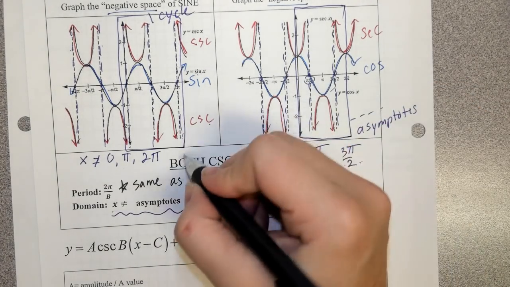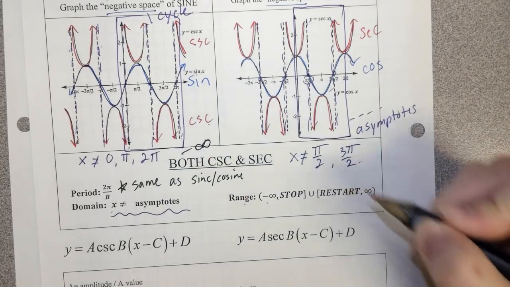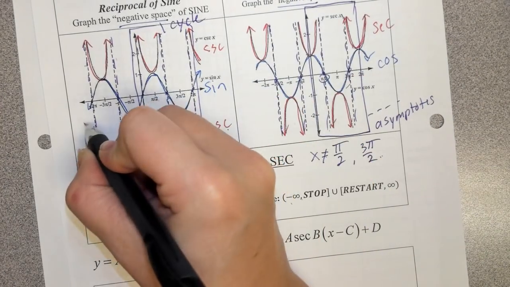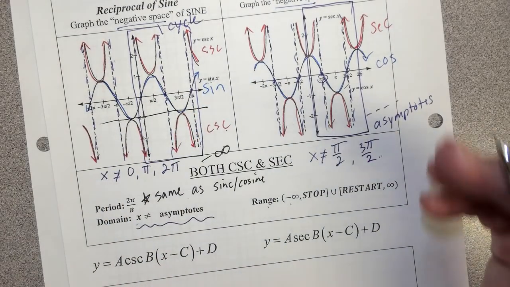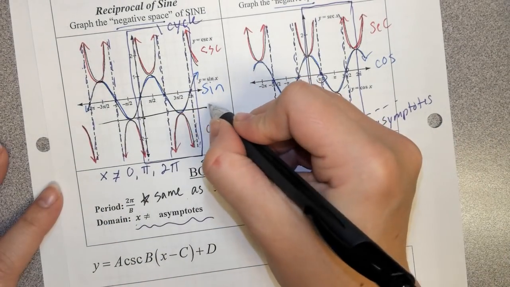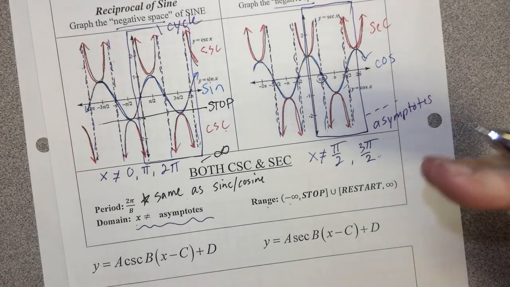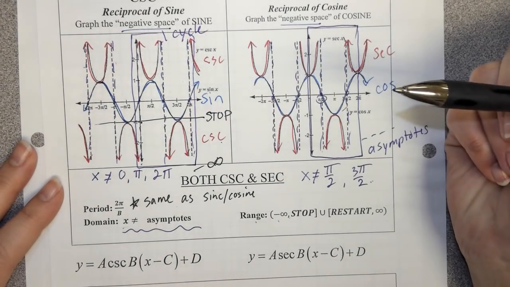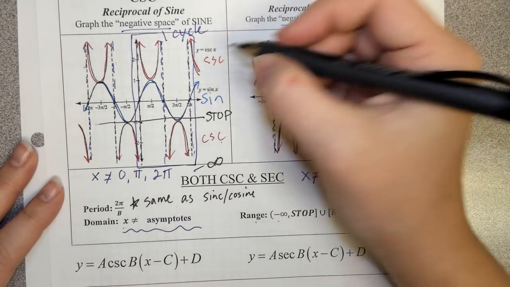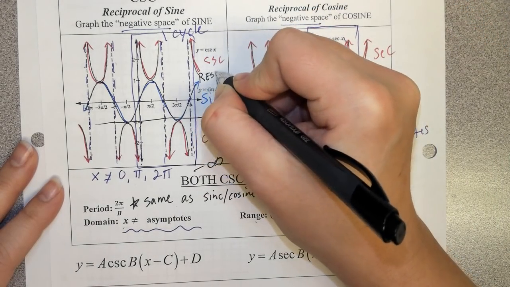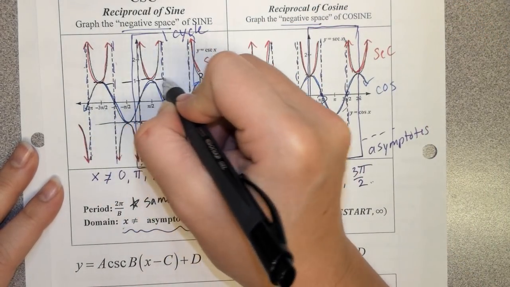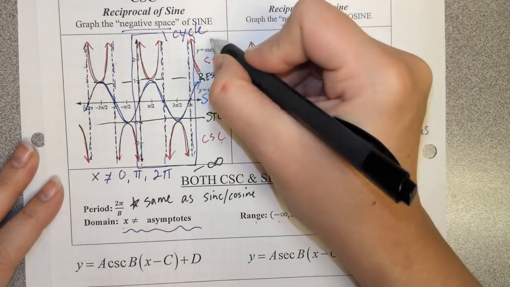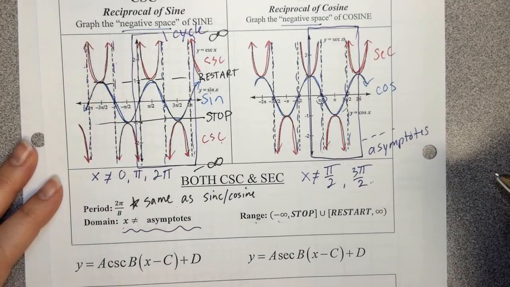So that's why you're going to say it's going all the way down towards negative infinity, because these parabolas are pointing down. Then it's going to come up to this level, and we're going to call that a stop level. In this case, -1 is our stop level. Then we're going to skip over the space that the sine function occupies, and then pick up with what I'm calling a restart, in this case at 1, and then go up to positive infinity.